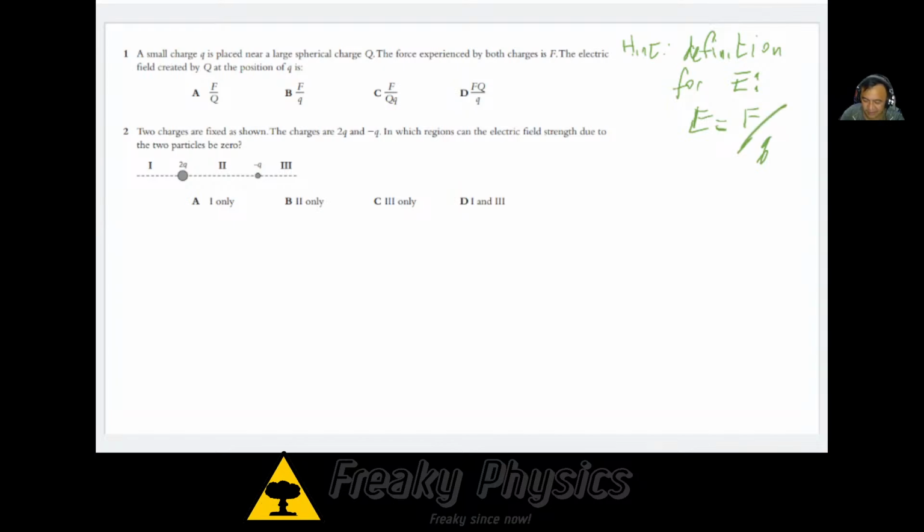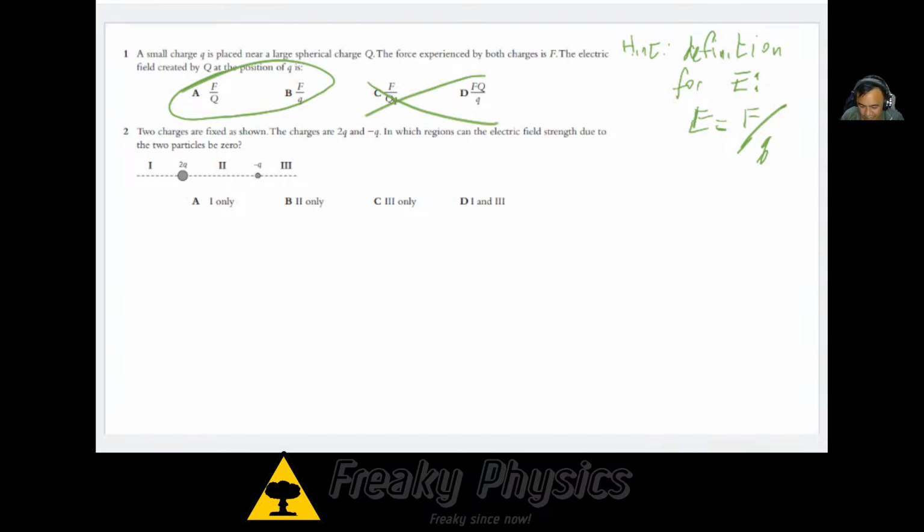That's the definition. Yes. Okay, so that should eliminate two answers, right? A and B are the possible answers. So C and D are wrong, right?